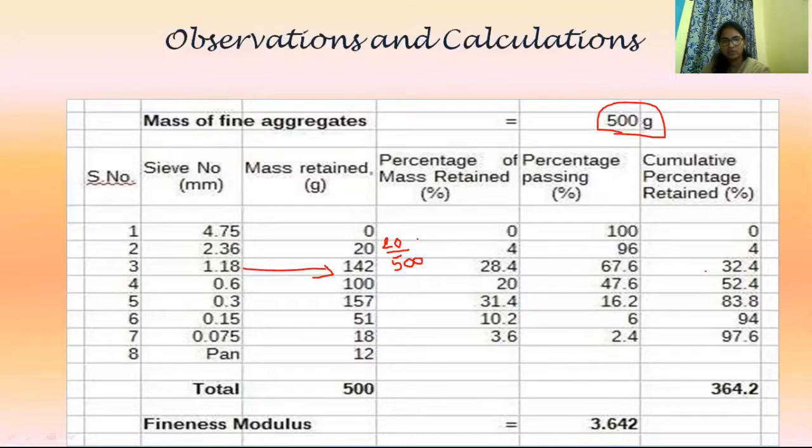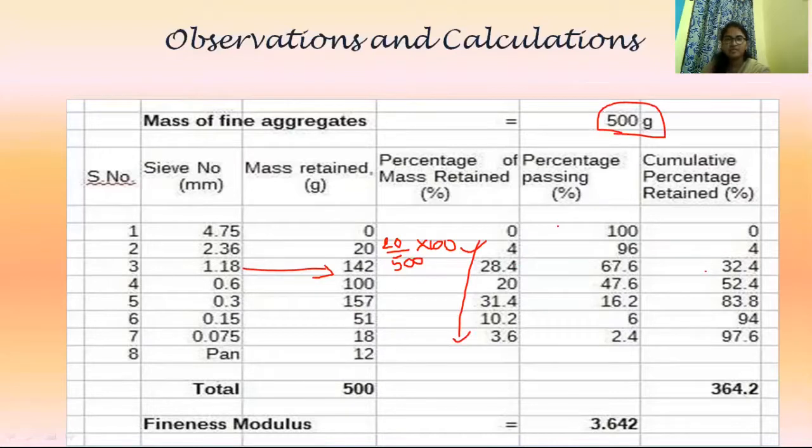So 20 by 500 into 100, the value is 4. In the same way, for the sieve where the retained sample is 142, total sample 500 into 100, the value is 28.4. Like this, you can calculate the remaining values.